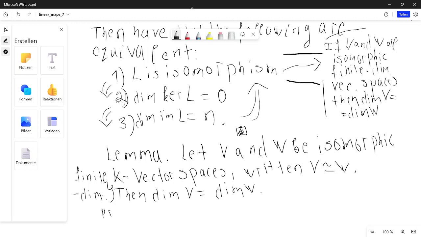And the proof is, well, you recall isomorphic means there is an isomorphism.